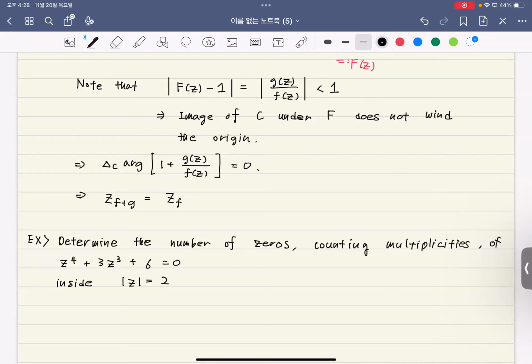Imagine that you want to find the location of the zeros of this degree 4 polynomial.